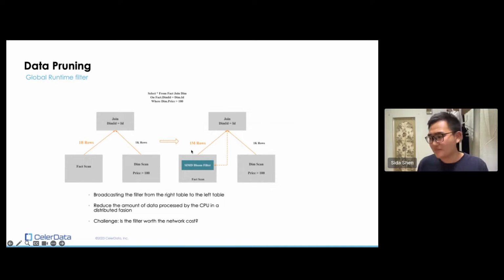But this is a little more complex than that, because sending this Bloom filter over has its cost as well. Is the cost of sending the Bloom filter worth it? That's a question our cost-based optimizer needs to answer. So is the filter worth the network cost? Probably yes, probably no. And this is something we've optimized for a very long time.